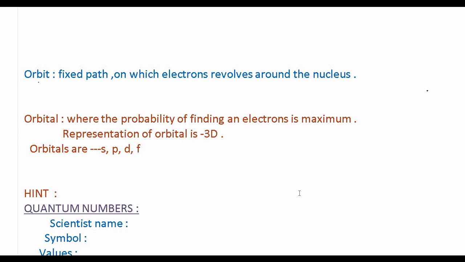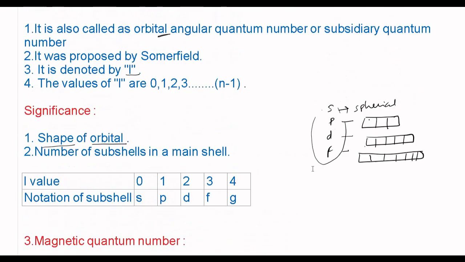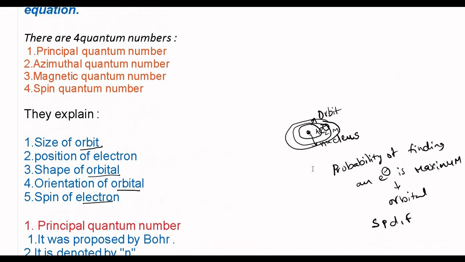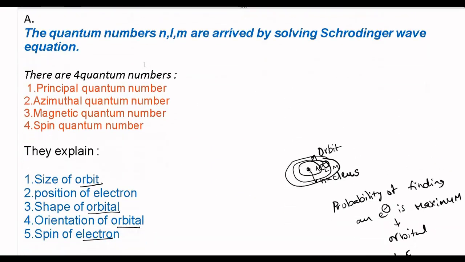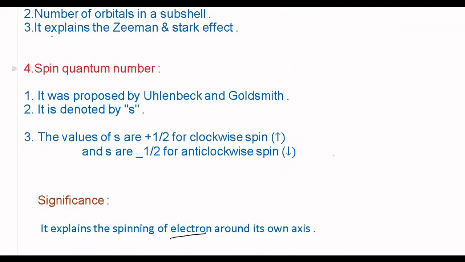Orbitals are S, P, D, F. You need not write these definitions of orbit, orbital, and these hints. Just for this question, you should write up to here. This is enough. Is it clear? This is all about the quantum numbers. See here, quantum numbers are derived from solving the Schrodinger wave equation, from here to the significance of the spin quantum number. That's enough.